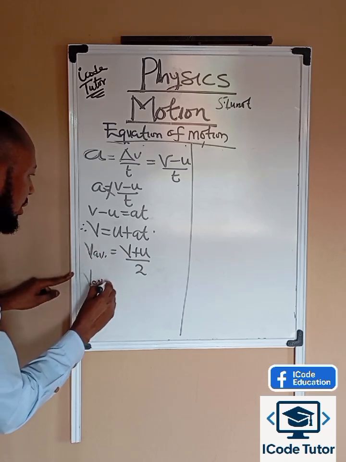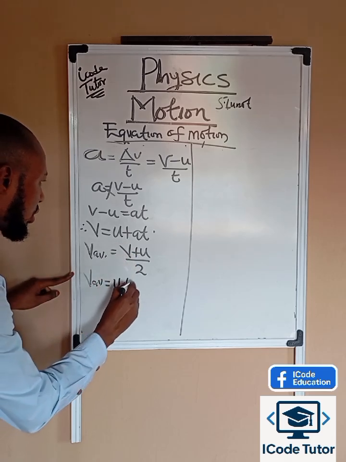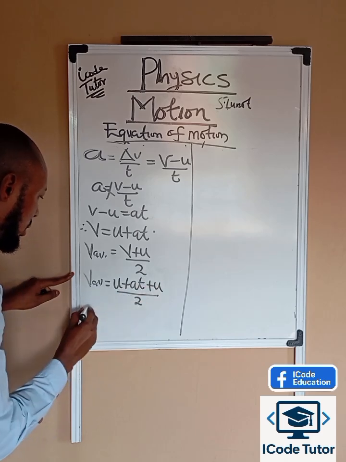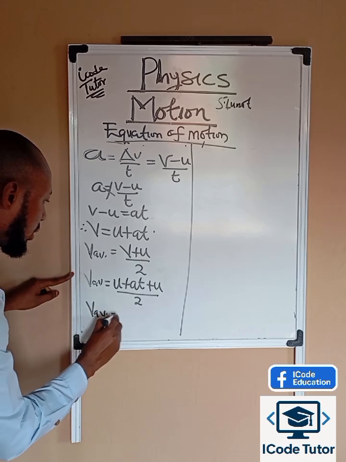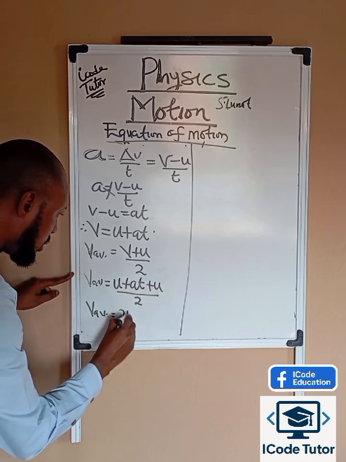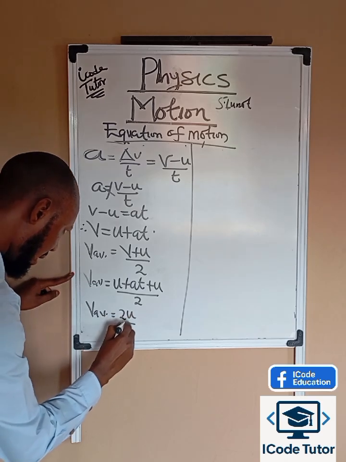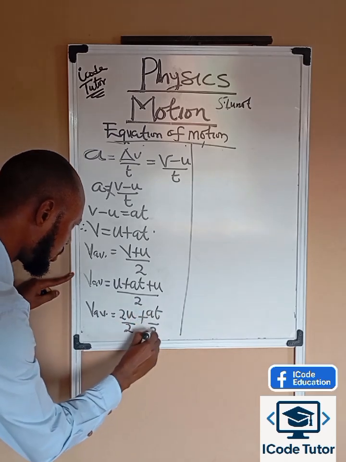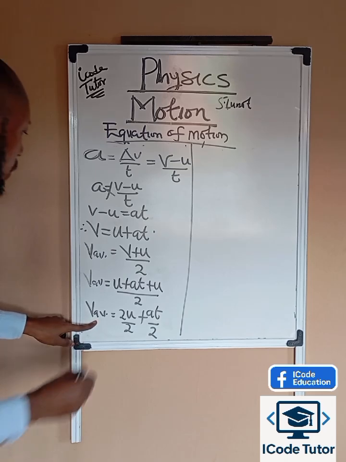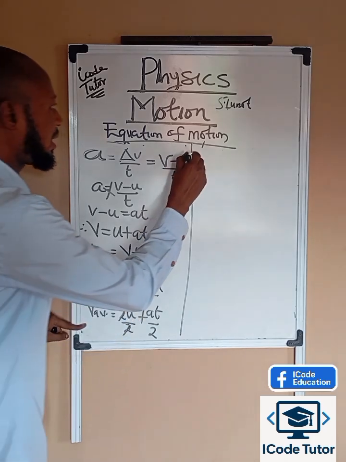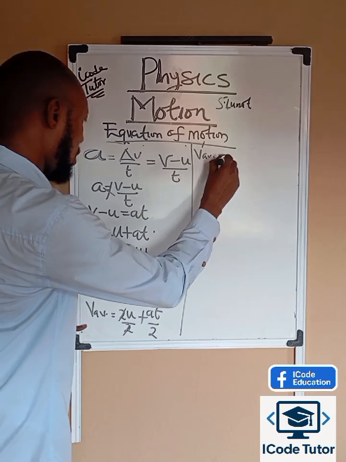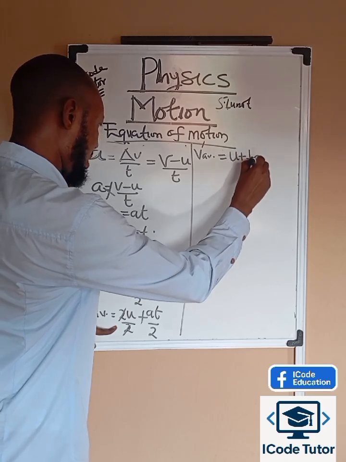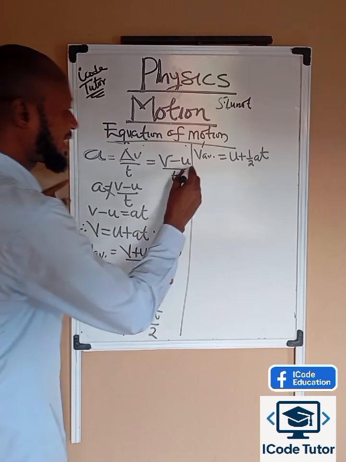That's V average equals U plus AT plus U all over 2. V average equals U plus U, which is 2U, over 2, plus AT over 2. Now, since we have this, 2 cancels 2. That's V average equals U plus half AT.